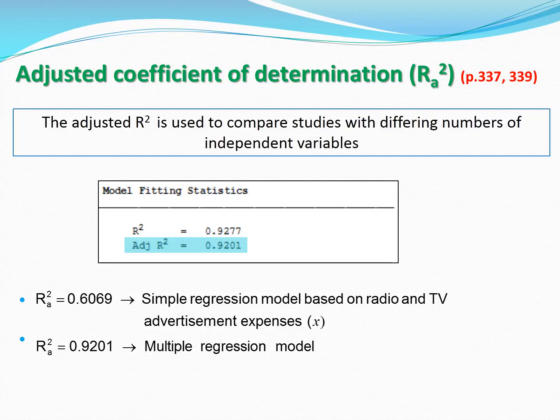But if I add the newspaper expenses as well, so we expand that simple linear regression model into a multiple regression model with two independent variables, then our adjusted coefficient of determination will be 0.9201. So that means that we should include newspaper advertisement expenditure as well, since the regression model will be better and more variation in sales will be explained as a result of that.